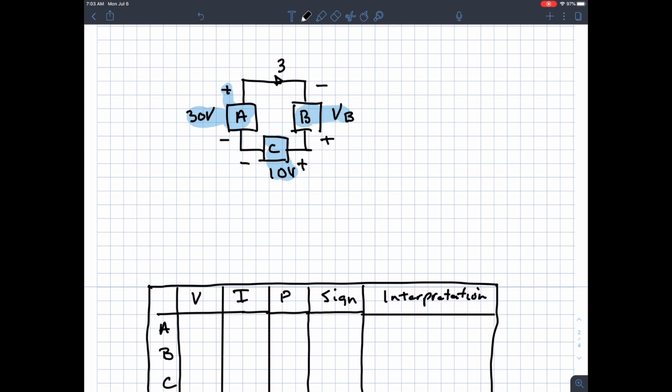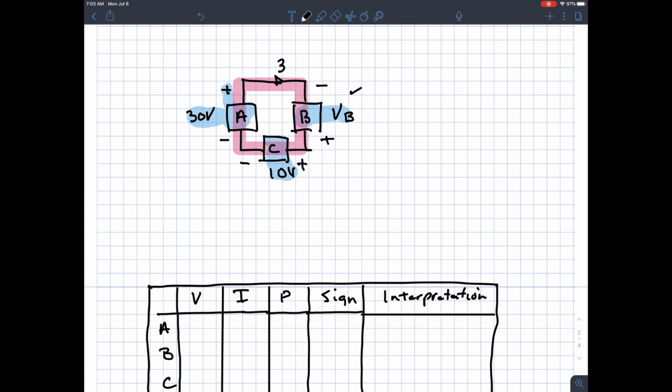All right, so I'm looking here, and I know the current through all the elements, I know the voltage across A, and I know the voltage across C. The thing I don't know is VB. All right, so I can write a KVL equation around a loop. We'll start in this bottom corner here and go around this loop.